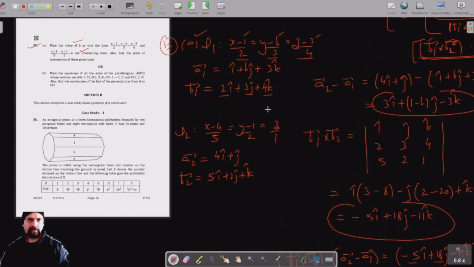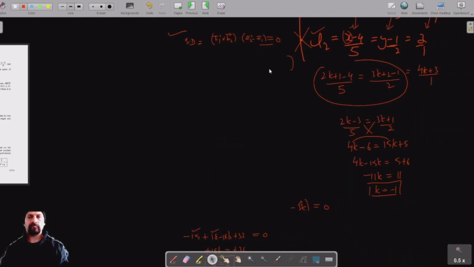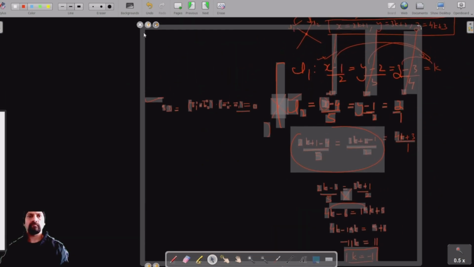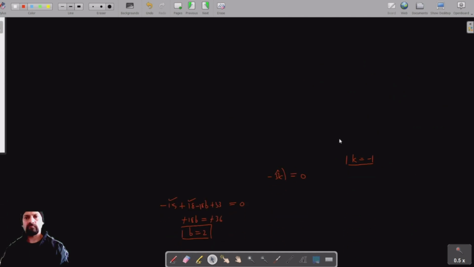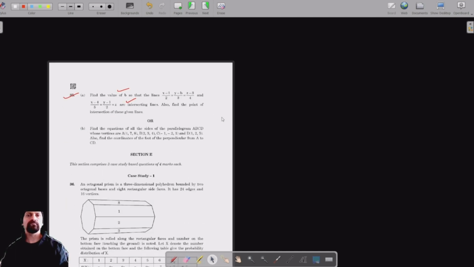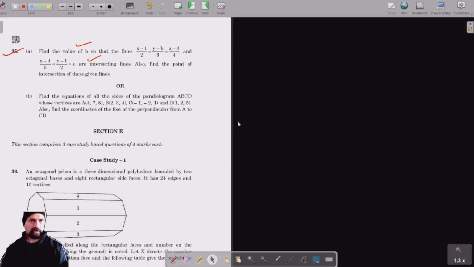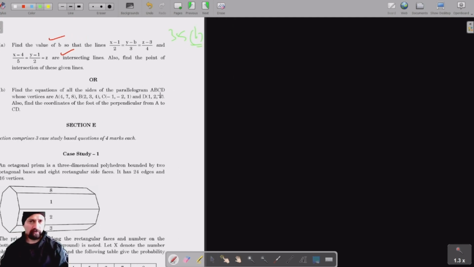The second part is, let me first of all erase these. Okay, for part B, question number 35, part B, we have to find the equations of all sides of the parallelogram ABCD whose vertices are given.